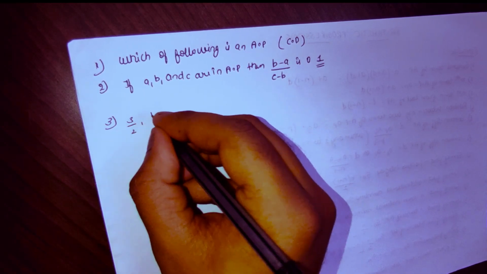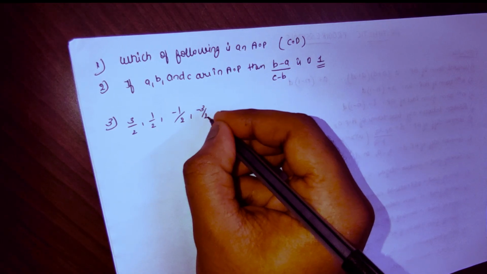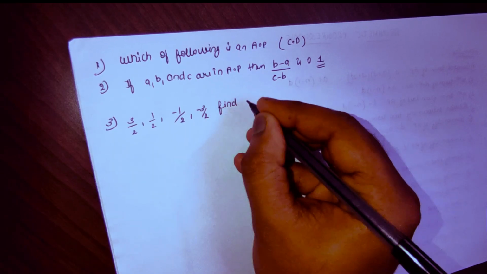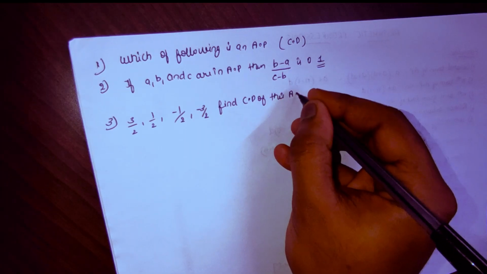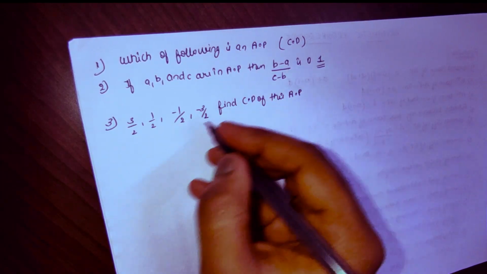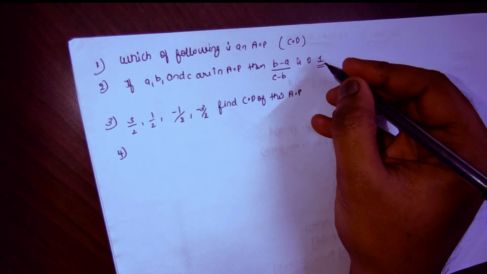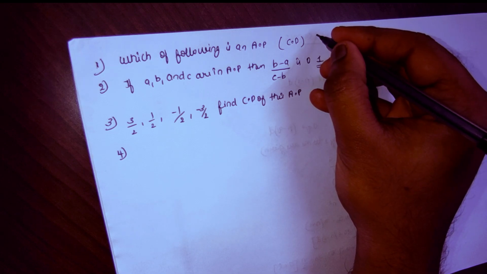Third question: 3 by 2, 1 by 2, minus 1 by 2, minus 3 by 2. You have to find the common difference of this AP, that is, the common difference between the terms. I'll write the answer for the first question as well.